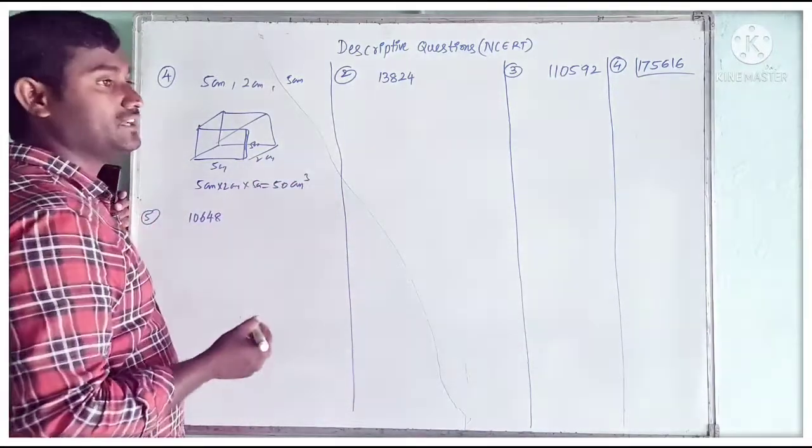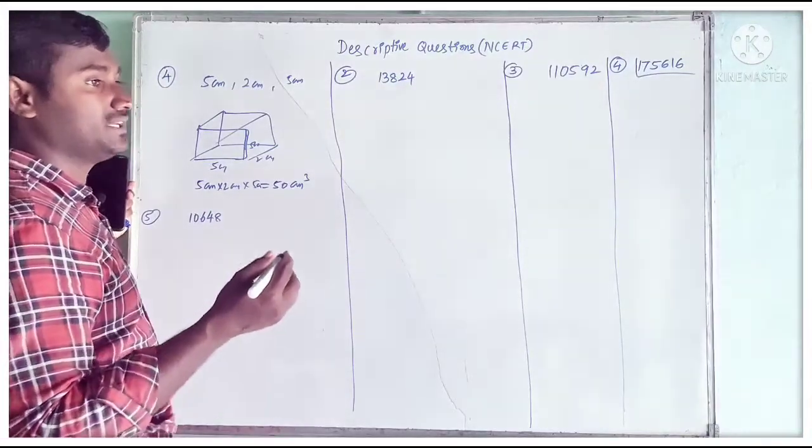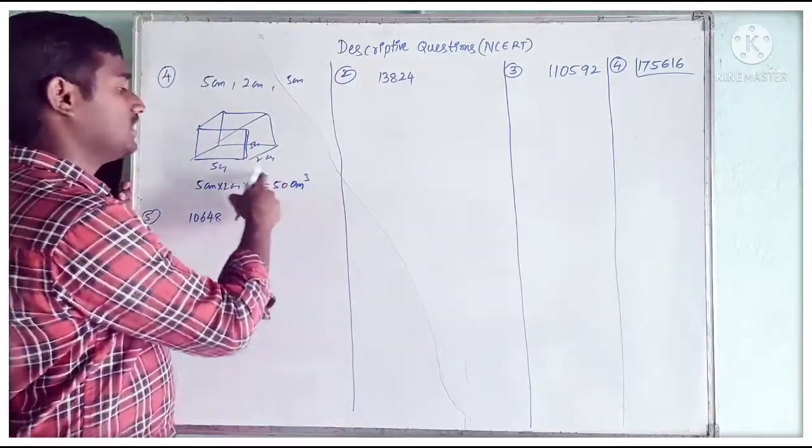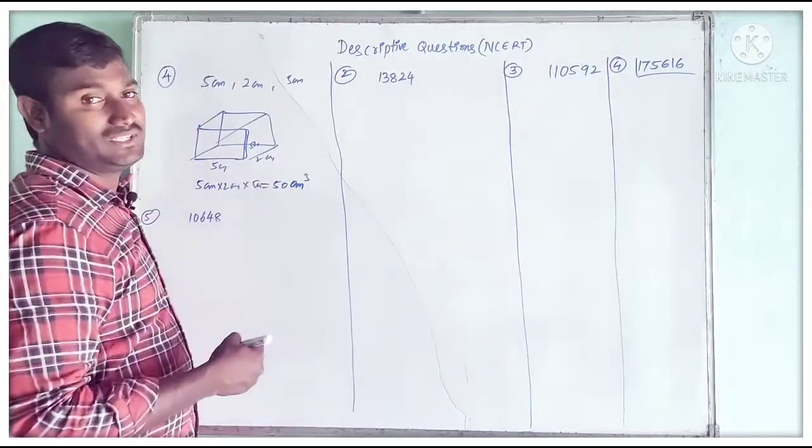So the required cube volume becomes a multiple of this 50 centimeter cube.